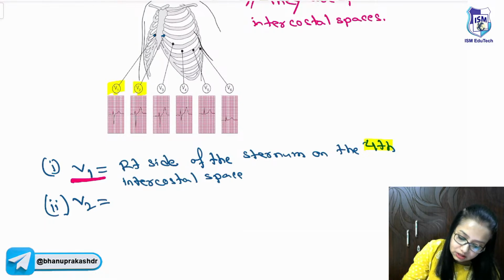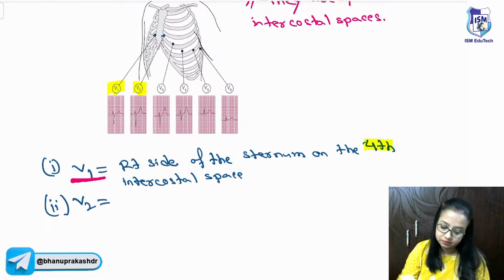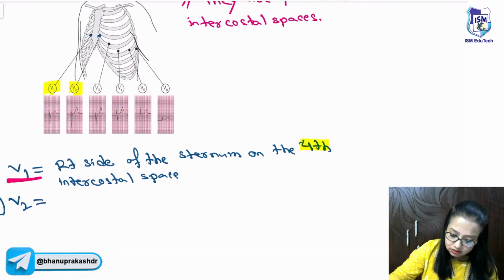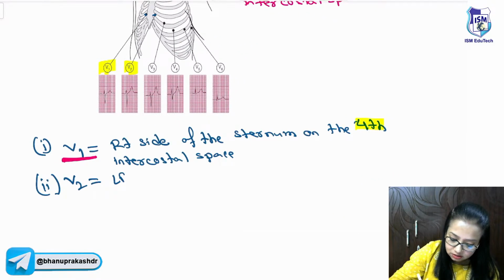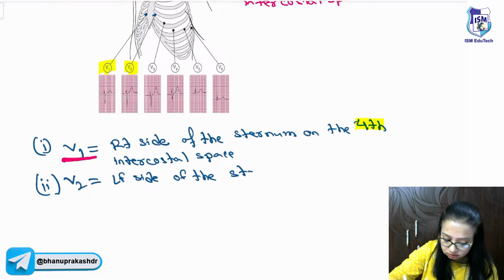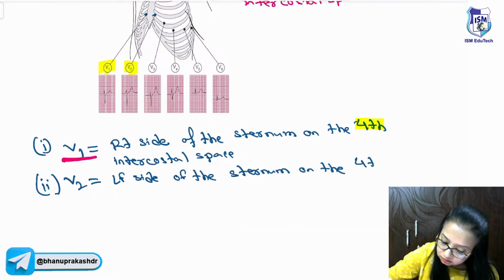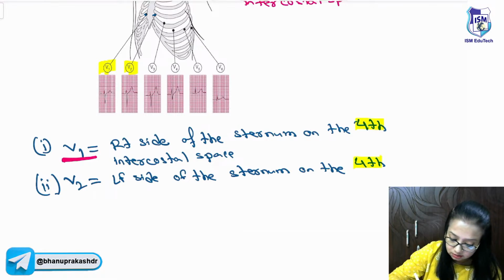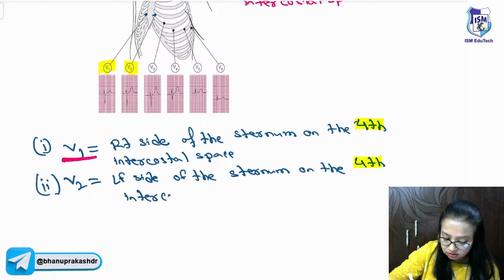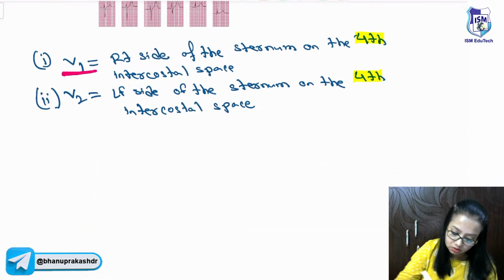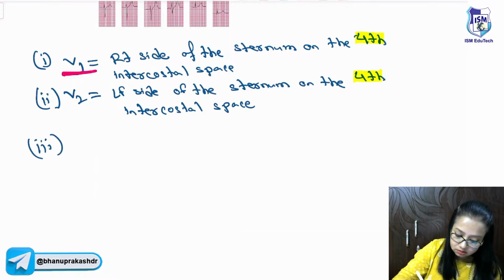It lies on the left side of the sternum on the fourth intercostal space. Okay, going to V3.